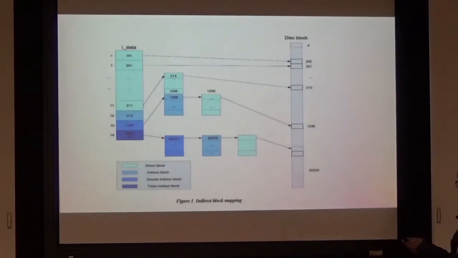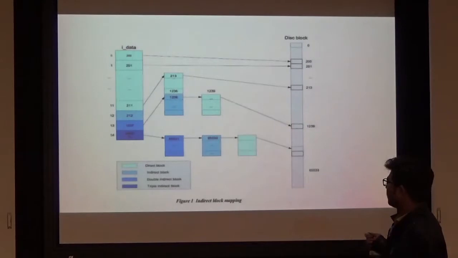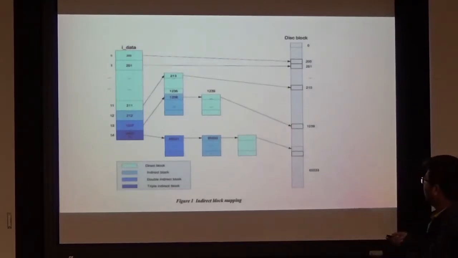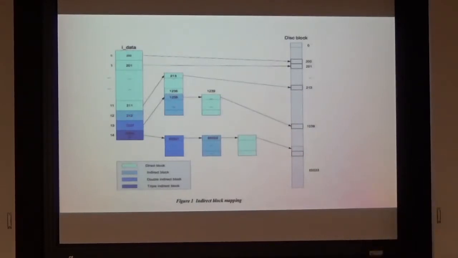So in that way Ext2 and 3 provide the mapping in just 60 bytes for a sufficiently large file. But the problem here is that for a sufficiently large file, we need to go through all these indirections, and that is inefficient.